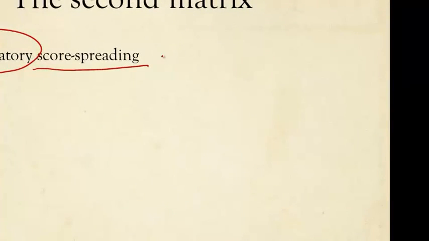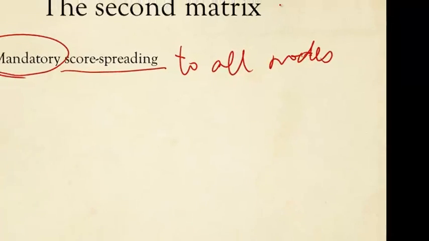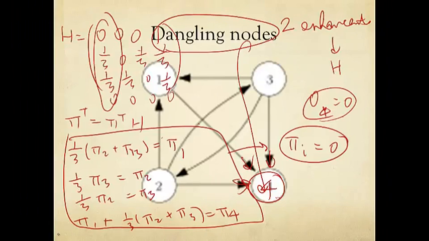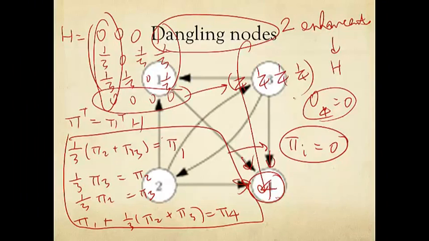You have to spread your importance score, and since you don't tell me which ones you point to, I'm going to say you point to all nodes. Okay? Either all the n-1 nodes, or for simplicity, let's say all the n nodes, including yourself with a self loop. For example, in the last graph here, instead of this 0, 0, 0, 0, we'll say it must be 1/4, 1/4, 1/4, 1/4.